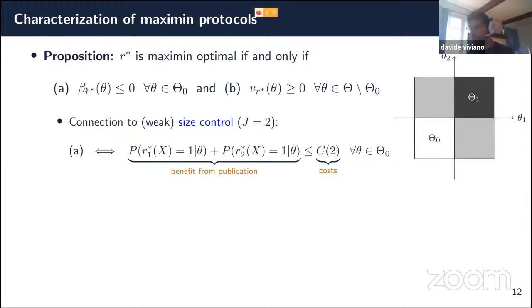So by looking at the case where we have some sort of linearity in the publication prospects, the first condition states that the sum of the probability of the first policy and the second policy being equal to 1, conditional on theta in the null space, that is theta in the set where both parameters are negative, needs to be small enough. In particular, it needs to be smaller than the cost of running an experiment with two treatments. That is, there is a natural connection between size control and the cost of running the experiment itself.